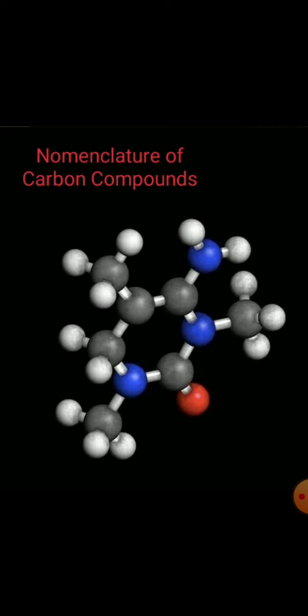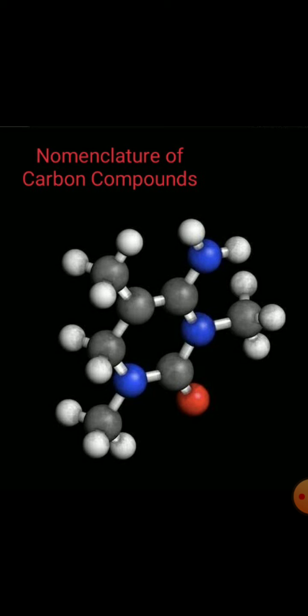This is an example of propane, but the first step we need to remember is to identify the number of carbon atoms present in the compound. If we count the number of carbon atoms, easily we can give it the name.